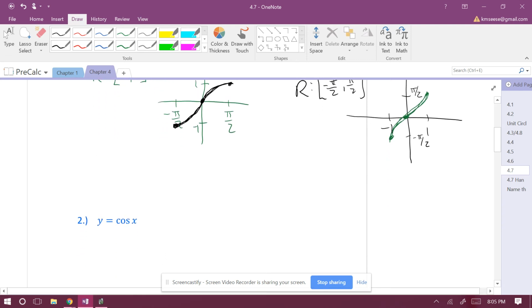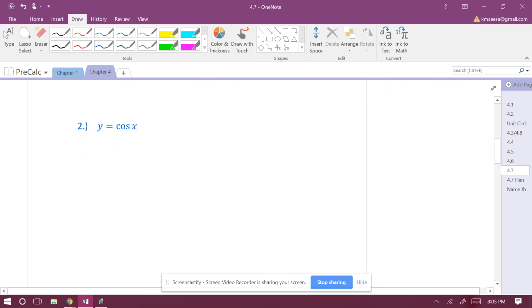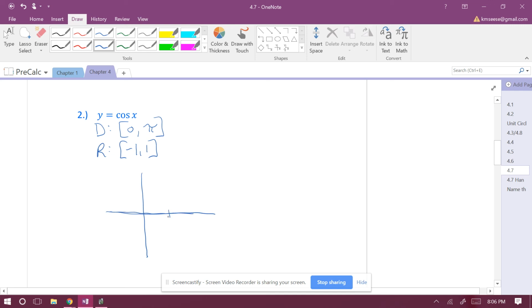Okay, continuing on with cosine, using a similar method. Thinking about cosine, we limited the domain to be from 0 to pi. Its range is still -1 to 1.